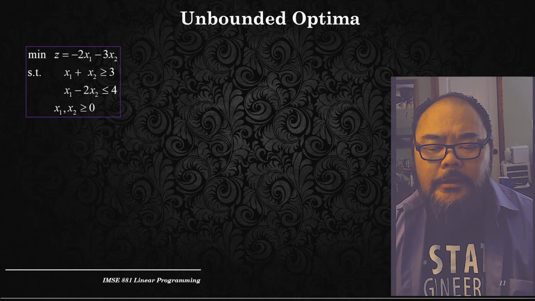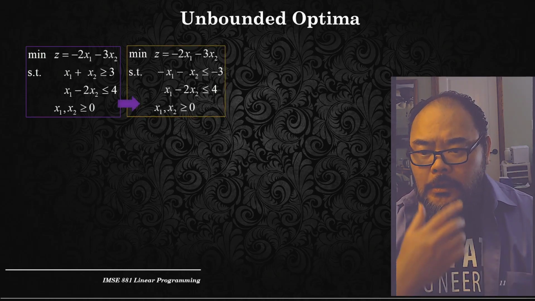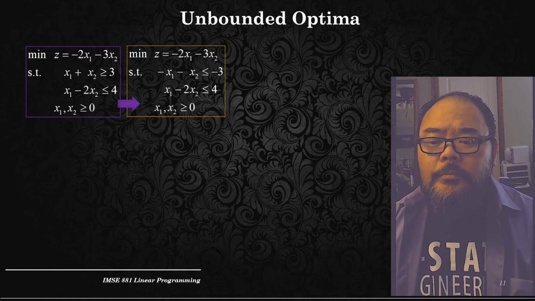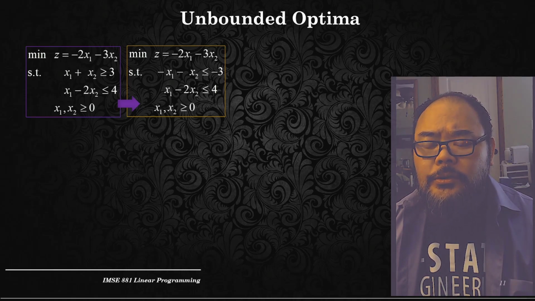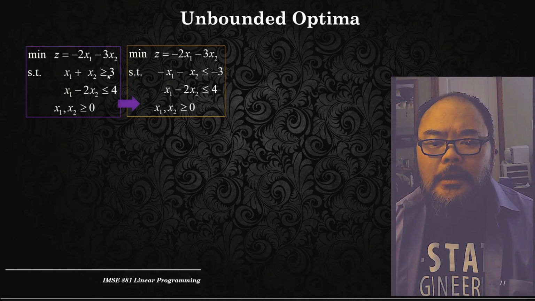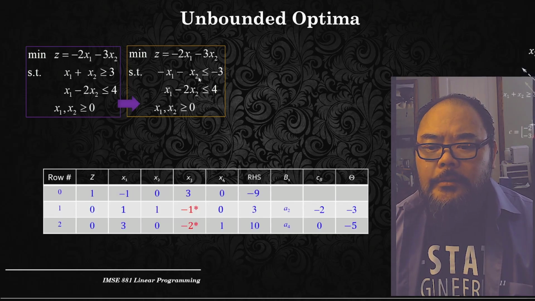Both x1 and x2 are non-negative. We convert it into a minimization problem with both less than or equal to constraints, multiplying the first constraint by negative 1 on both sides.